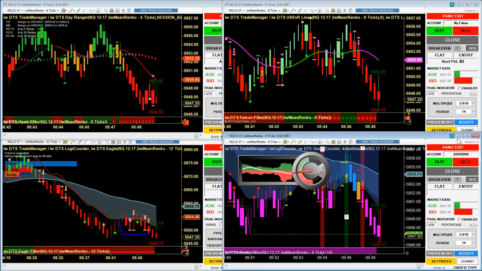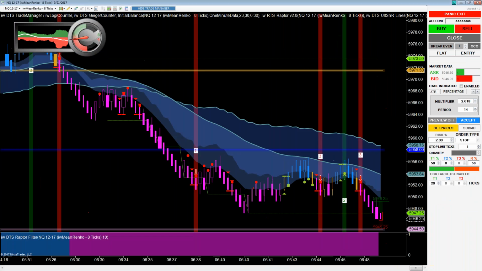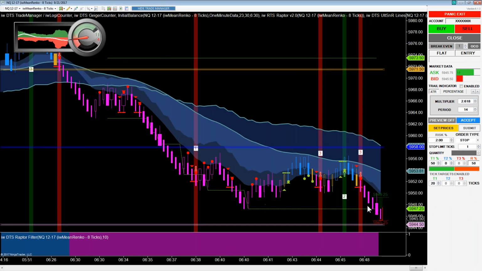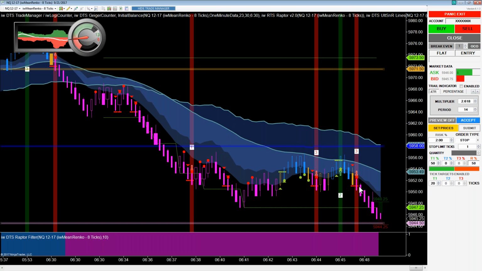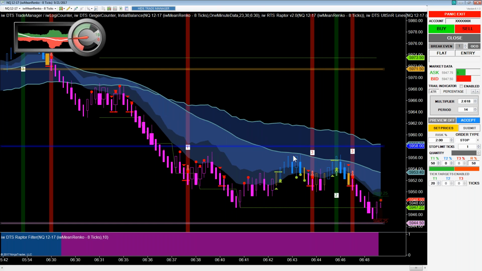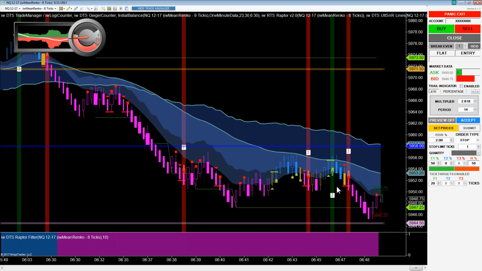All right, I wonder whether we're going to get some follow through on this next leg lower. And the number 3 signal actually was also a double pullback signal. The double pullback occurs when the market moves into the cloud, comes out, produces a signal, moves back into the cloud, comes out, produces another signal. That's a double pullback.